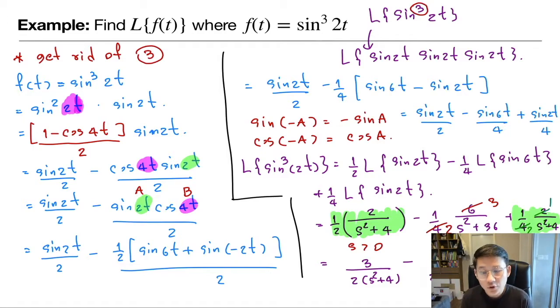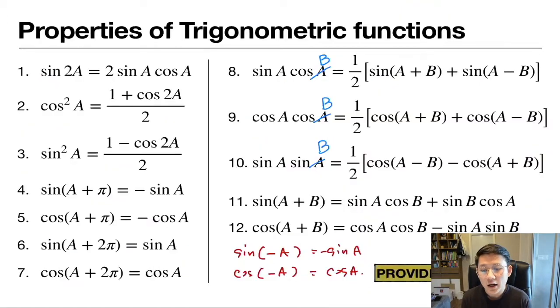And to do that, you need to use these basic formulas for trigonometric functions. You have 12 formulas, but you don't have sine of minus x is minus sine x, and cos of minus x is cos x. So you better remember them.